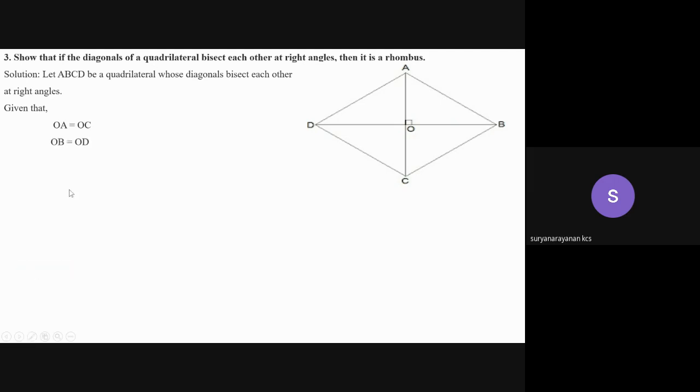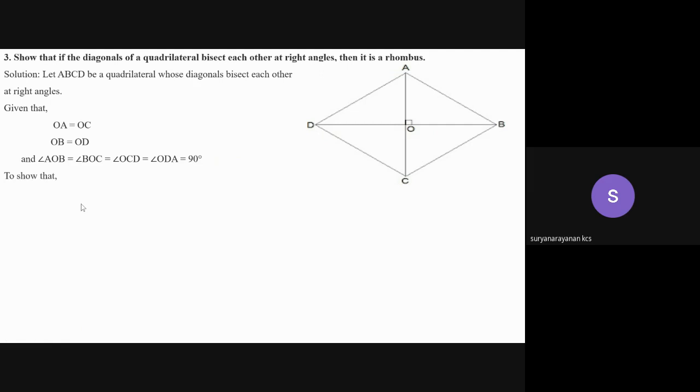OB is equal to OD, and angle AOB is equal to angle BOC, that is equal to angle COD, that is equal to angle DOA. If you take all these four angles around this point O, angle AOB, angle BOC, angle COD, and angle DOA, each angle measures 90 degrees. Understood this point, my dear children?